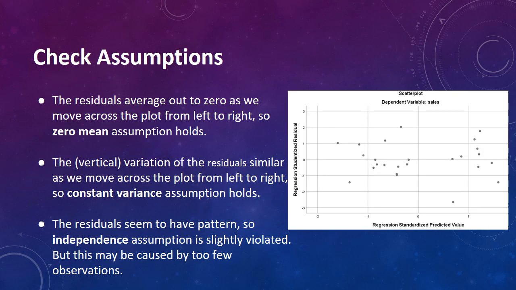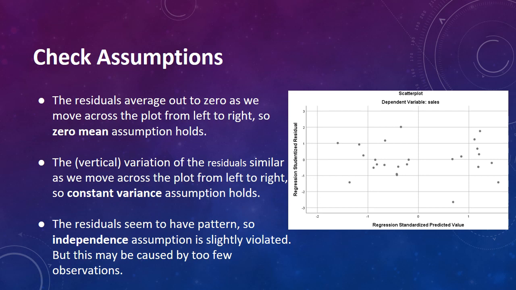After removing the influential point, our model seems good enough. So here we start to check the four assumptions. First, we create a scatter plot with the regression predicted value on the x-axis and the regression residual on the y-axis.